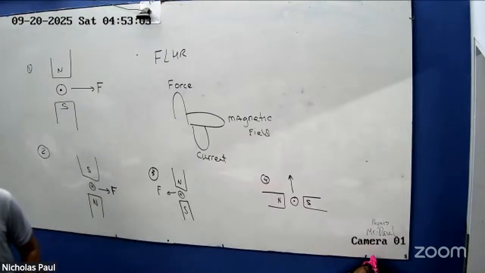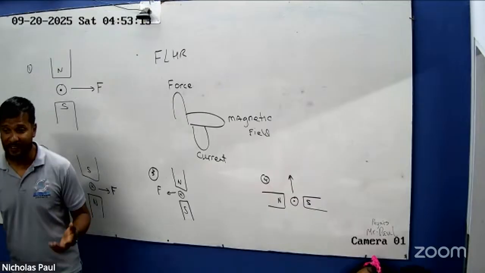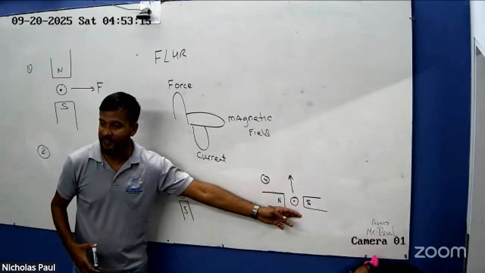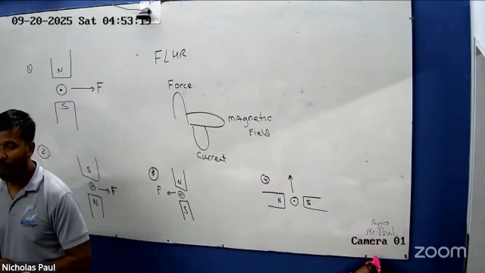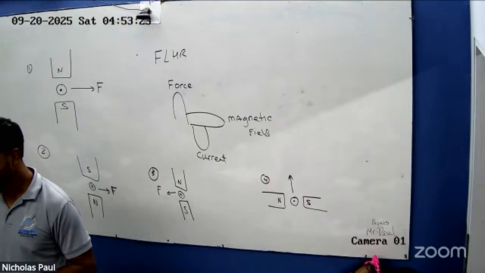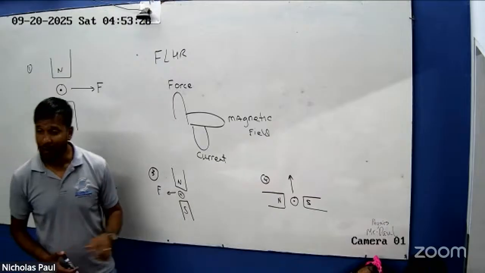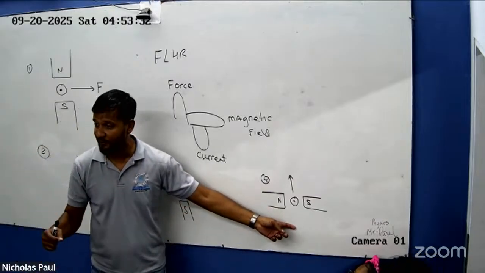Anybody want to guess the question? What is causing this conductor to be pushed upwards? Something to do with that. Any guess? Yeah, a force, but something is creating the force.